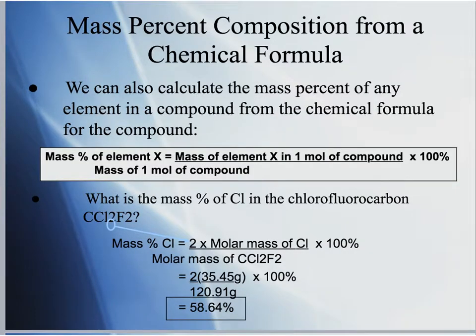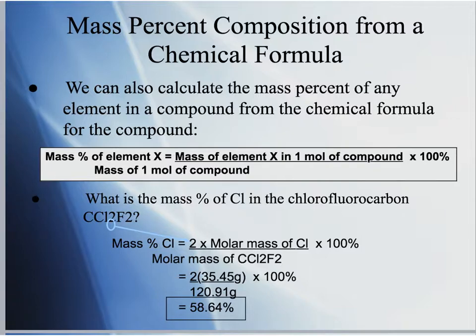Another trick of the trade that we can do with mass percent is calculating the mass percent of any element in a compound from the chemical formula for that compound. So it's kind of like tying in what we did at the very beginning of this lecture with looking at how many moles of a certain element are in a mole of a compound with that element in it, and then also combining it with the mass percent.